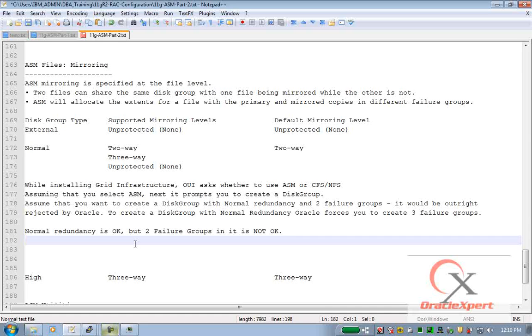So the reason why it doesn't allow you to select normal redundancy with 2 failure groups, but more than 2 is okay. So normal redundancy is okay, but 2 failure groups in it is not okay.